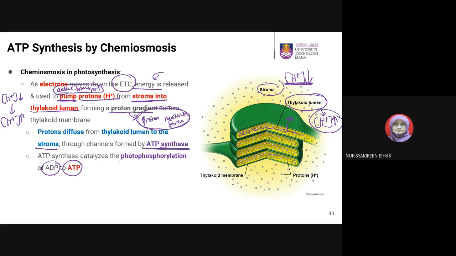So proses ini dikenali sebagai photophosphorylation. Photo sebab apa? Menyebabkan light energy is used to synthesize ATP. ATP synthase catalyzes the photophosphorylation of ADP to ATP. Okay, so ATP is actually produced in the stroma.